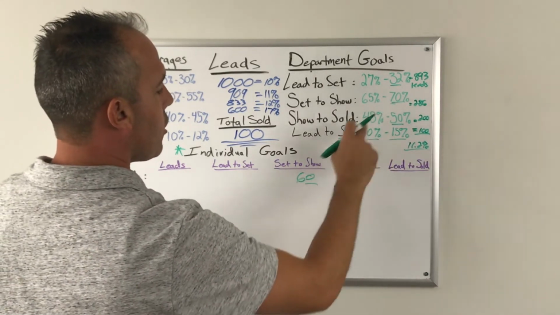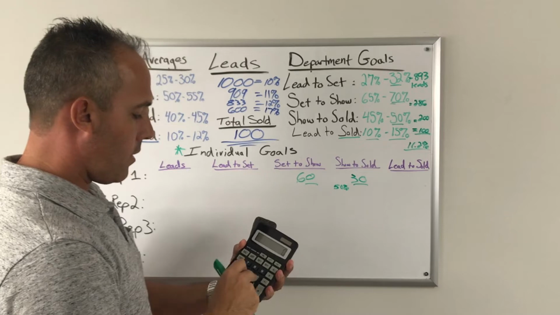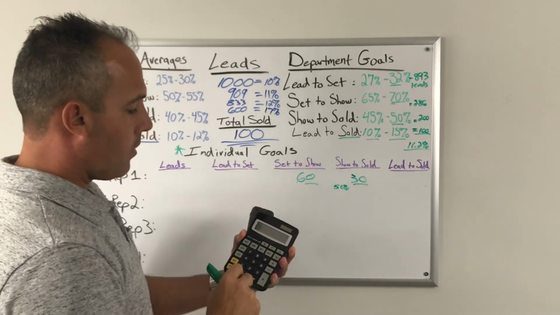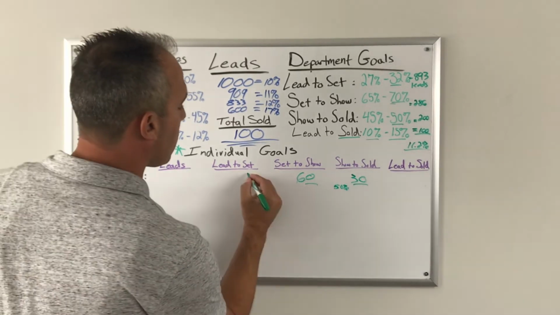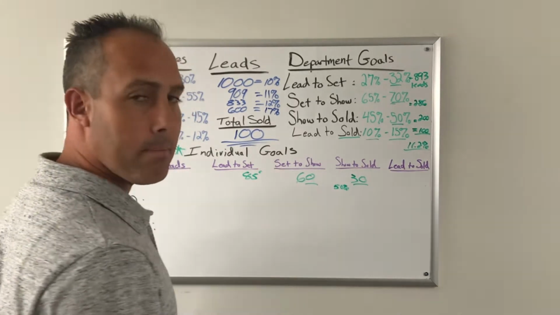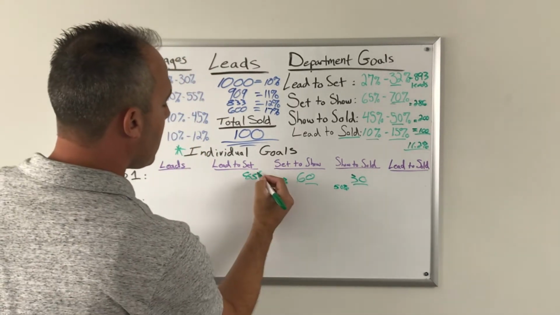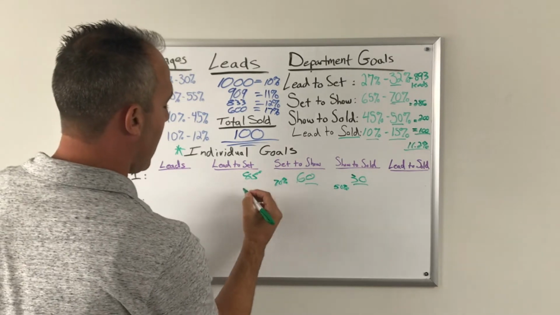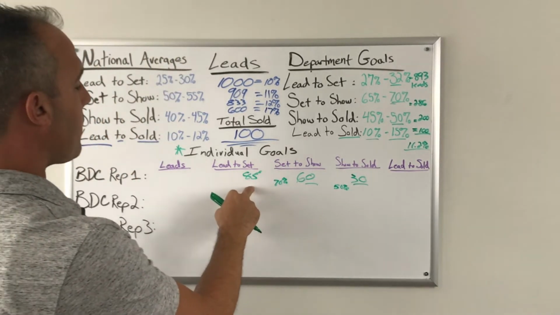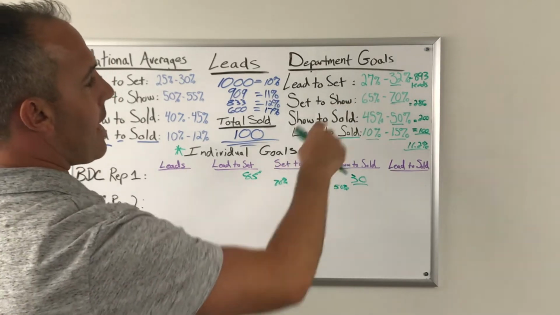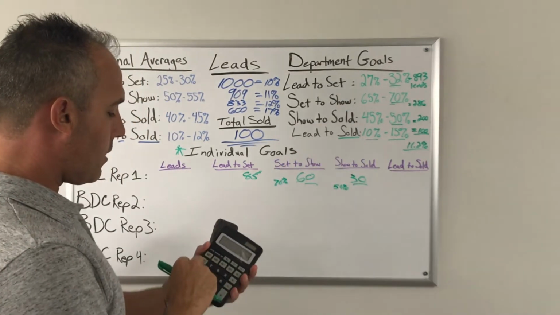So you have 60 into 70, and that puts you at 85 total appointments set. If you want 60 people to show up at a 70% show ratio, you need to have 85 appointments set. And if you're going to have 85 appointments set, how many leads do you need to have as an individual?